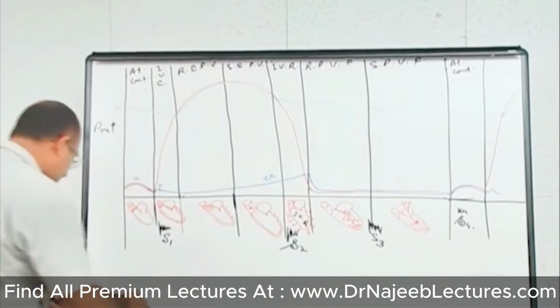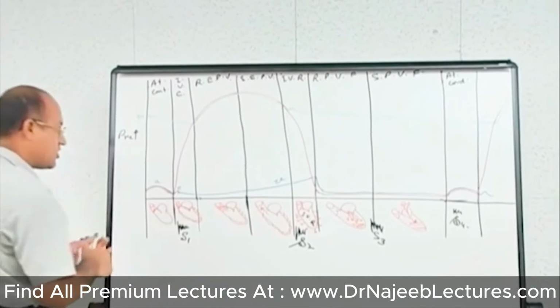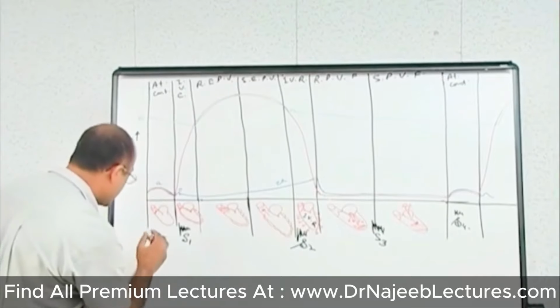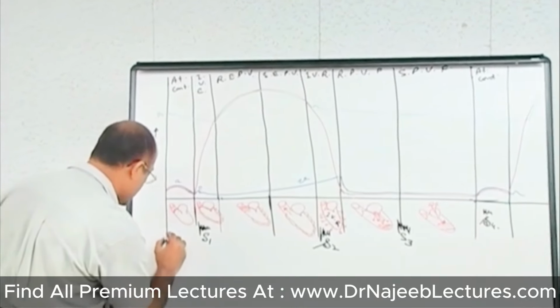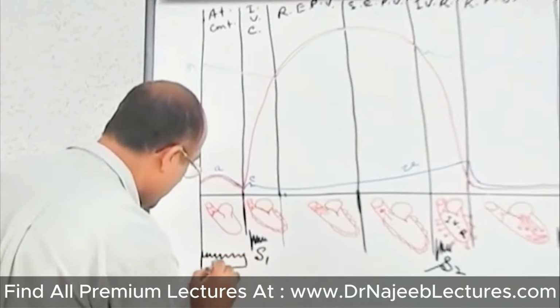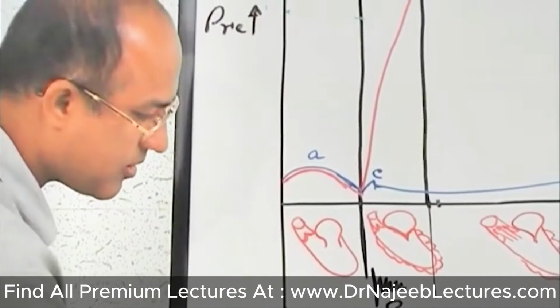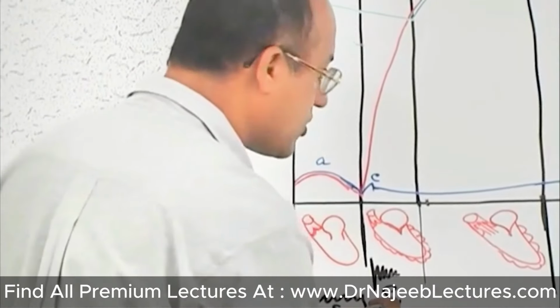Now, another way to correlate these concepts is that you can say this was atrial systole. And what was this continuing?